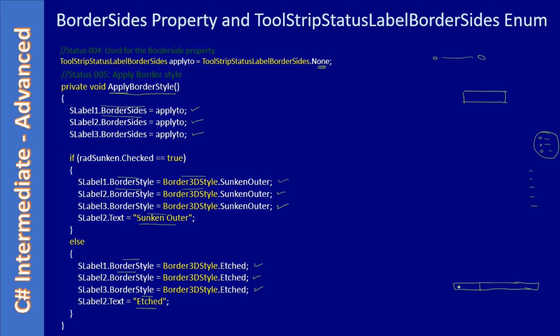The first slat tells computing in progress when a long running process is going on. Second slat, it tells what border style is picked by the user. During the form load, we set this with a default, but once you select the radio button, the second slat will start showing either sunken outer or etched. The third one tells what is the last given input before clicking the compute summation button. Alright.